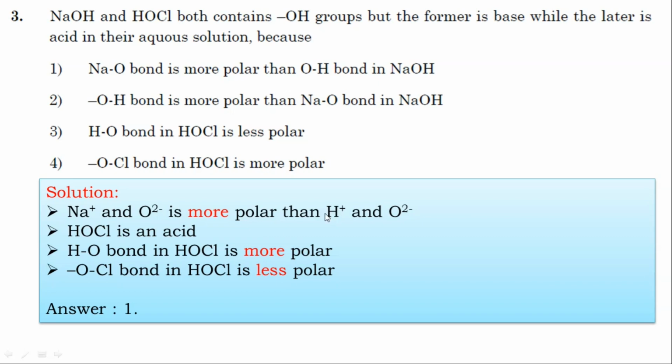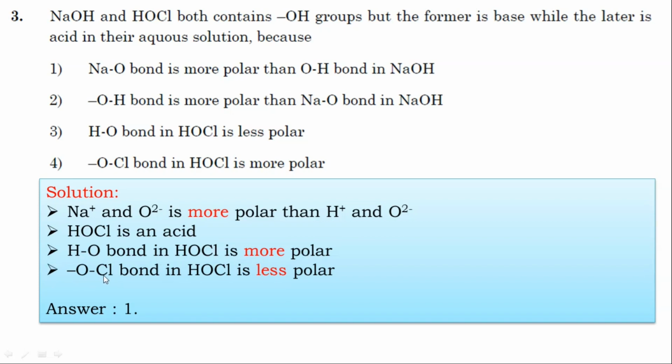And you see another compound was given, that is HOCl. HOCl is an acid. In HOCl, the O-H bond is more polar, that is, oxygen is more electronegative than H plus. So it is more polar than the O-Cl bond.